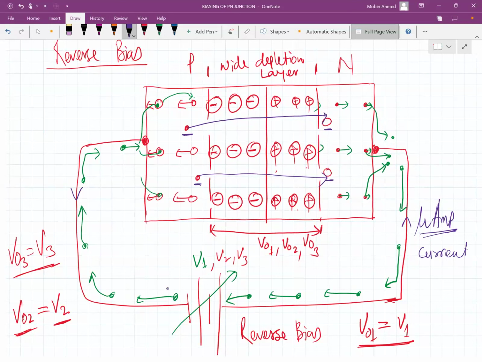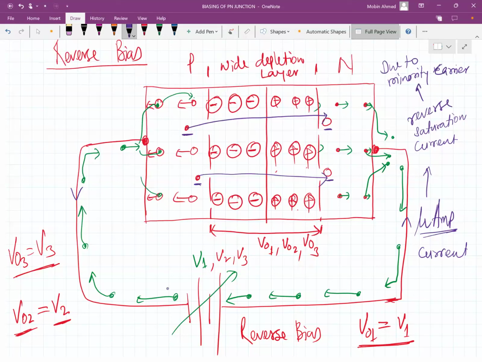This is known as the reverse saturation current. This reverse saturation current is due to the forward biased minority carriers.